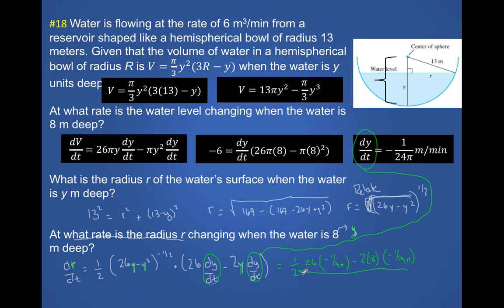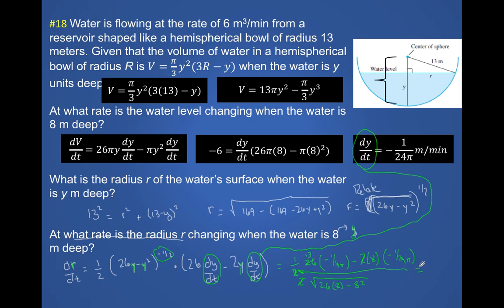2 is also underneath here, right? I'm just going to take this all to the bottom, all over the square root of 26 times 8 minus 8 squared. So this 2 will cancel out with that, make that a 13, and cancel out that 2.